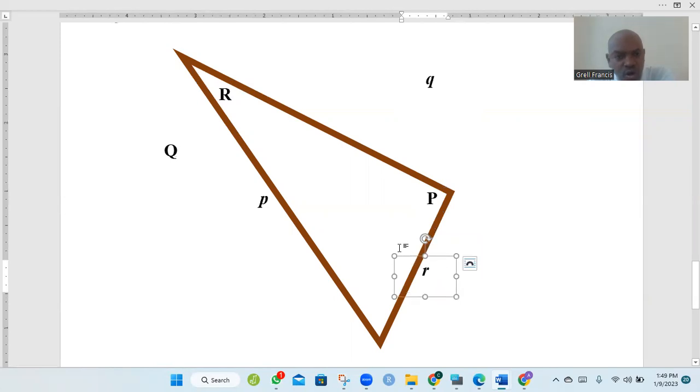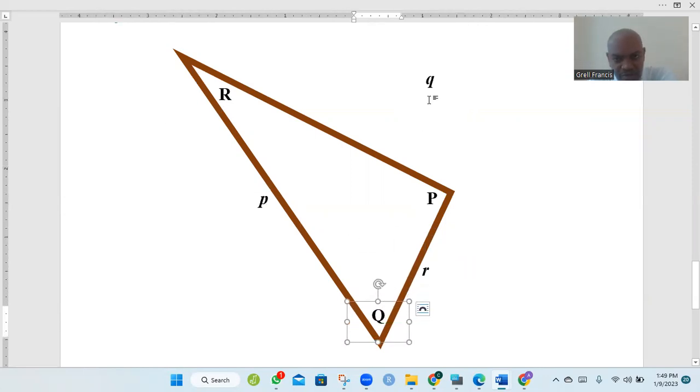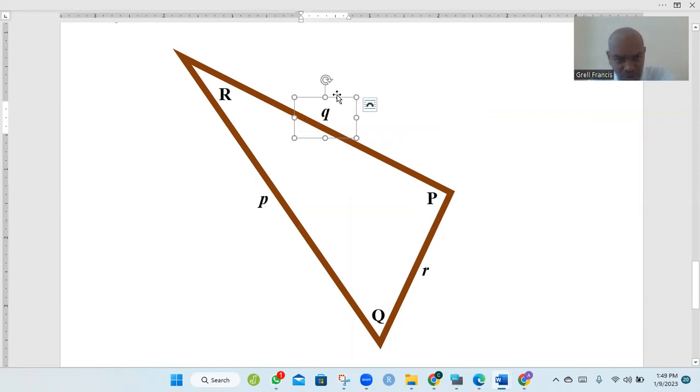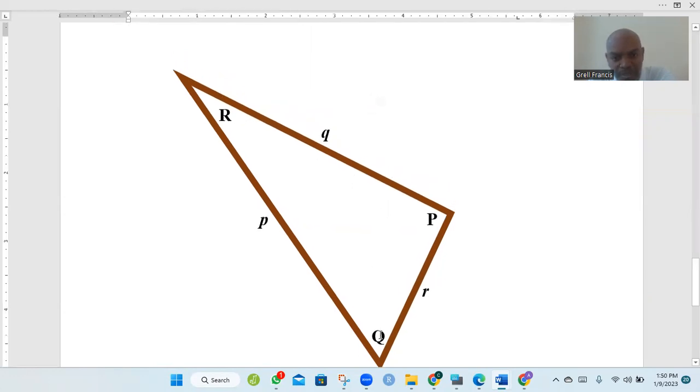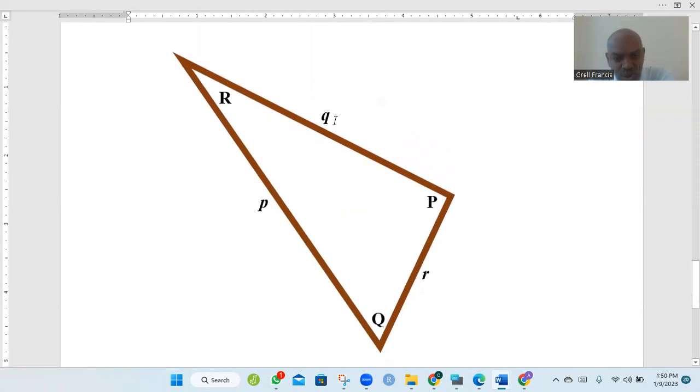Side r will be opposite to angle capital R. And if we use uppercase Q for this angle, then side q will be opposite to angle Q, labeled lowercase q. So angle capital P, side small p, opposite. Angle capital R, opposite side lowercase r. And opposite to angle uppercase Q will be side q, labeled as lowercase q.